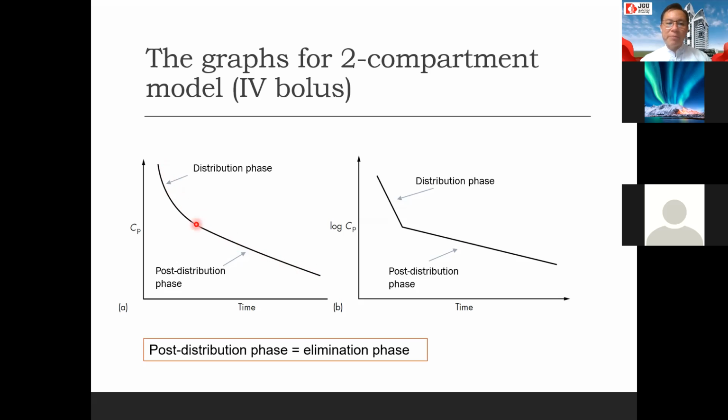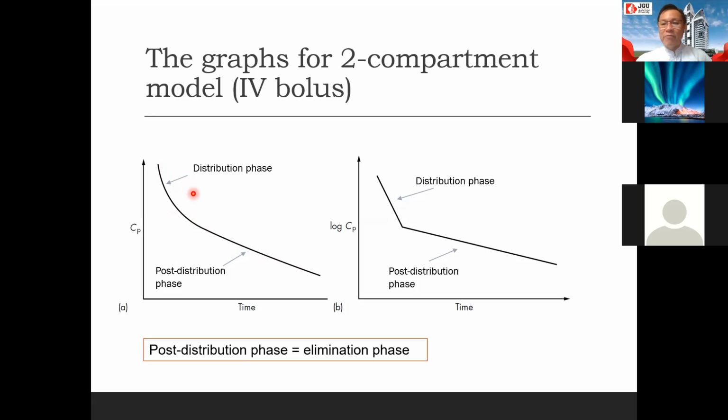So what will happen when the drug is first given? The drug will be distributed, right? But when the drug is distributed, the drug at the same time is also eliminated, correct or not? Can you imagine the drug being absorbed from the gut to the blood, right?